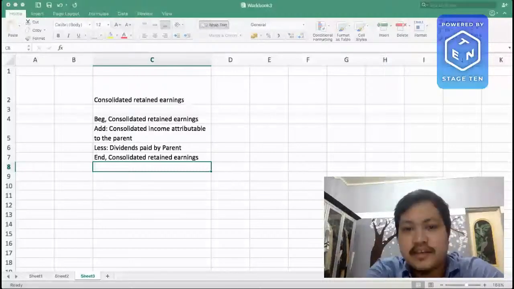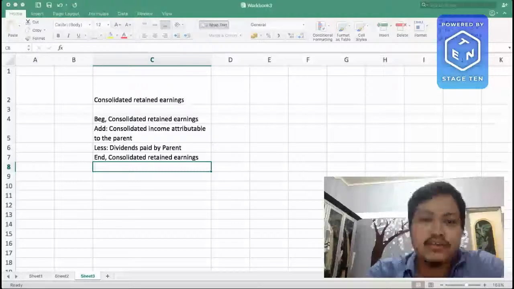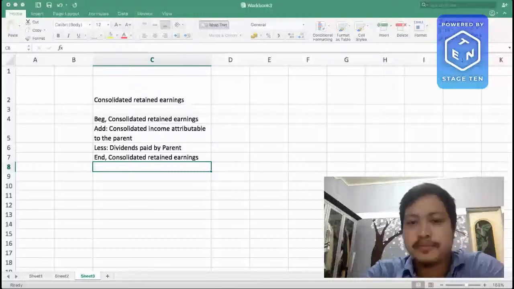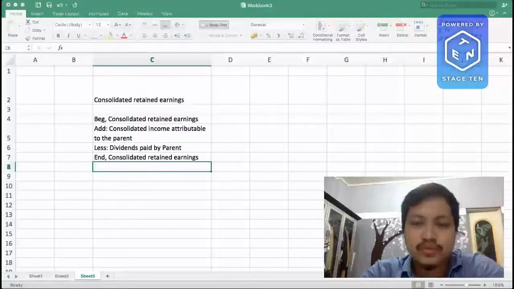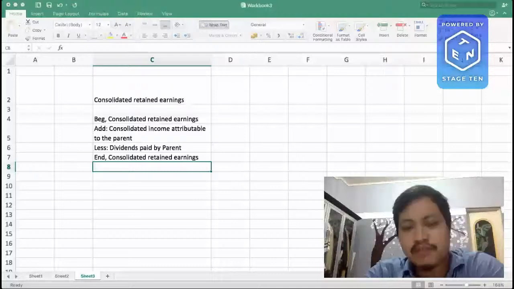You will have another account to report, which is your non-controlling interest. This non-controlling interest, class, would serve as the capital account of your minority shareholders. Just like in sole proprietorships and partnerships, if there are profits attributable to the minority shareholders, then it will go to the NCI account. If there are distributions of profit given to the minority shareholders, then it will be charged to this account.